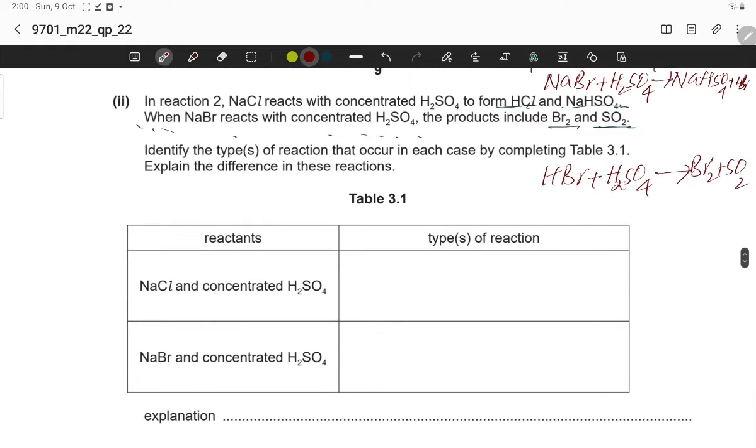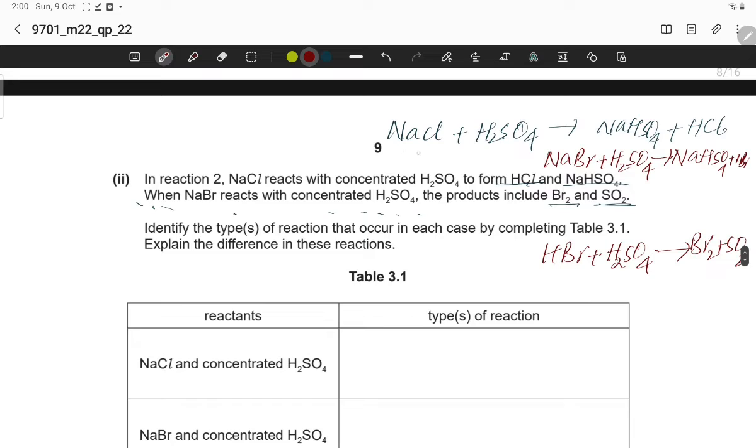Sodium chloride and concentrated sulfuric acid. Cl negative is not oxidized by sulfuric acid because sulfuric acid is a weaker oxidizing agent than Cl negative. So this reaction cannot oxidize HCl.